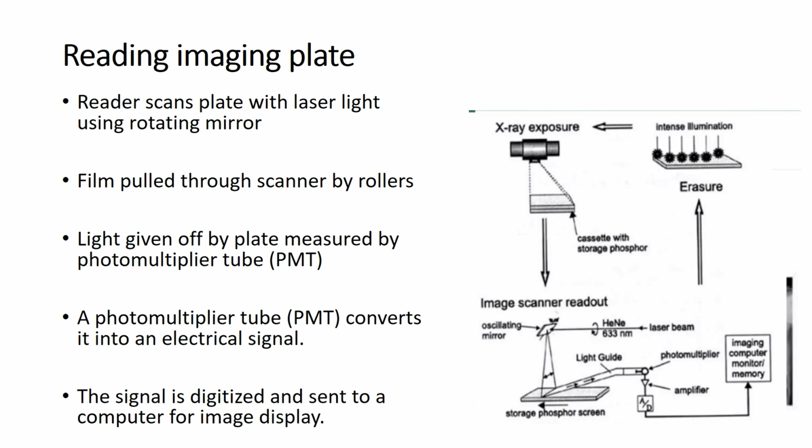Afterward, the light given off by the plate is measured by a photomultiplier tube. That photomultiplier tube converts this light to an electrical signal. That electrical signal is digitalized and finally sent to the computer for image display.